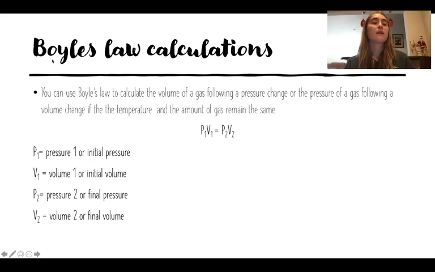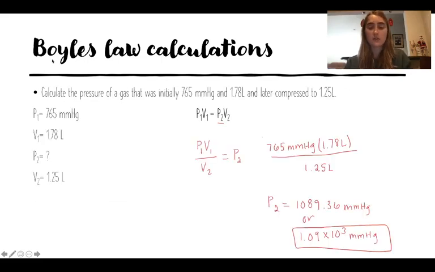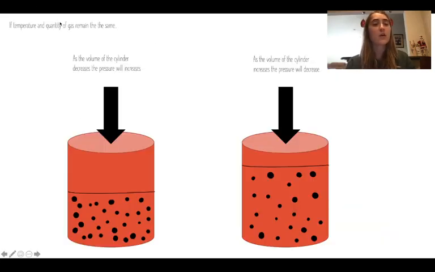Because remember, if temperature and quantity of gas are going to remain the same, the temperature is the same in this one as it is in this one, the quantity of gas particles, if you were to count these, are identical, then the only thing that's changed is volume. And as a result of having a smaller space for these particles to interact, you're increasing pressure.